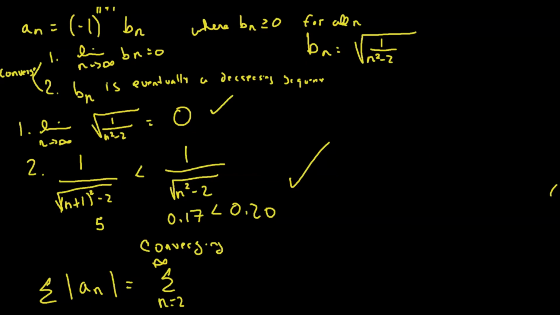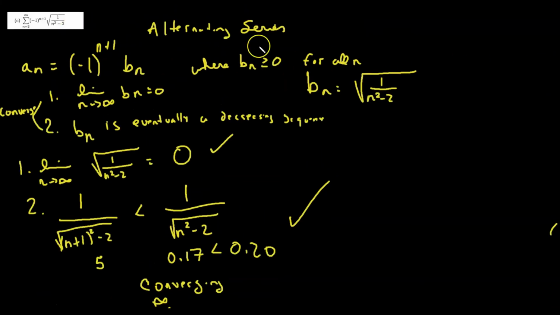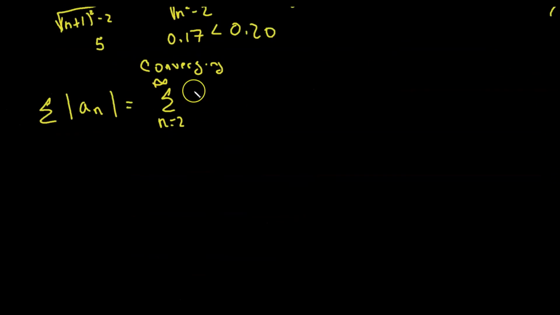It's negative 1. So you're basically just evaluating b of n. Not all the time, but this time, yes. So 1 over root n squared minus 2. We have to see if this is converging or diverging. So what we would do here is the direct comparison test.